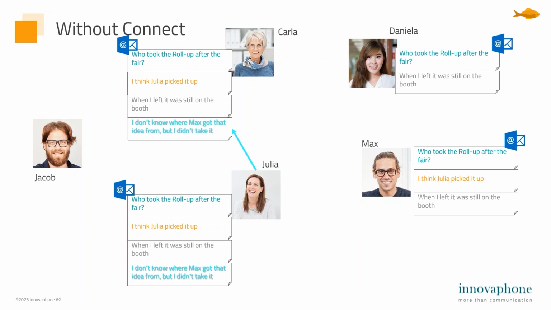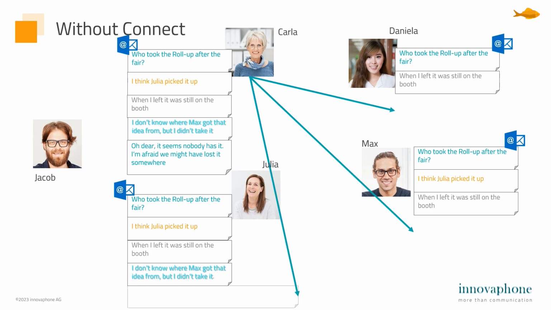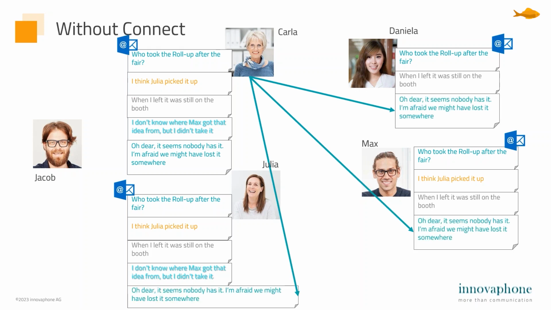Julia is replying, "I don't know where Max got that idea from, but I didn't take it." Carla is replying to all three of them, "Oh dear, it seems nobody has it. I'm afraid we might have lost it somewhere." So the consequence is that they're probably going to buy a new roll-up.